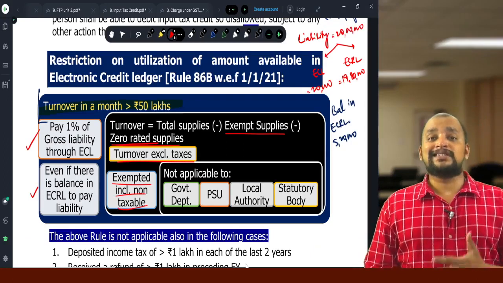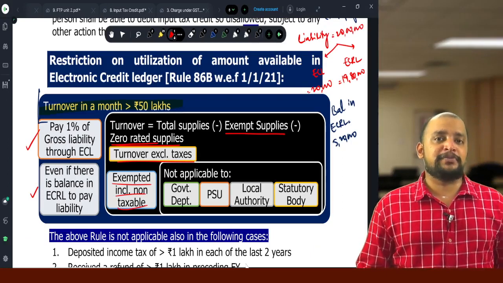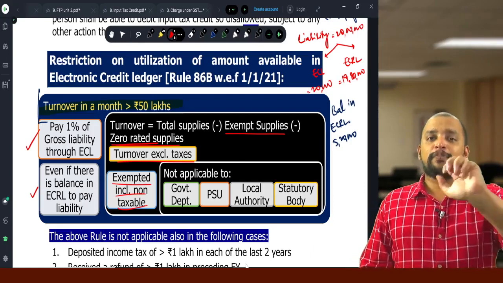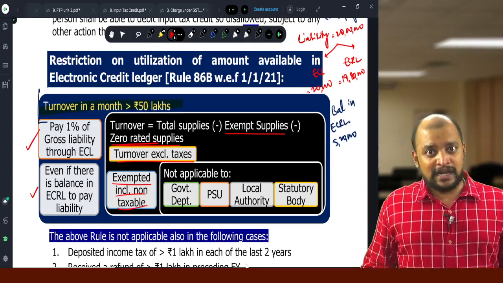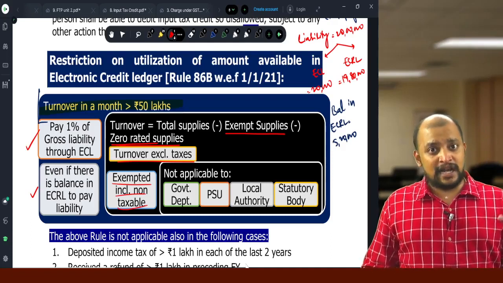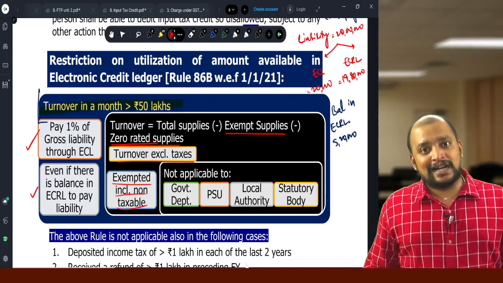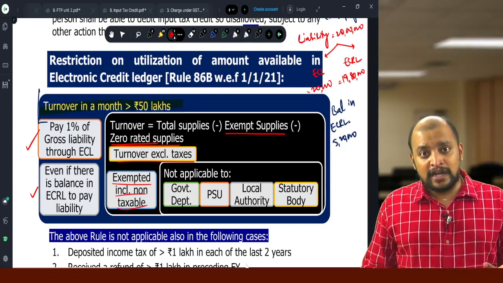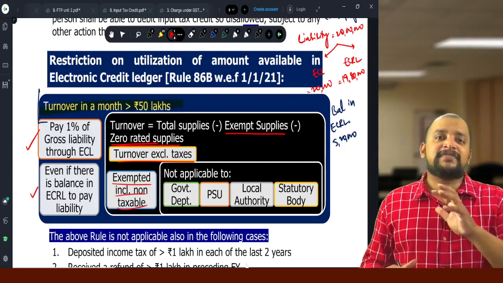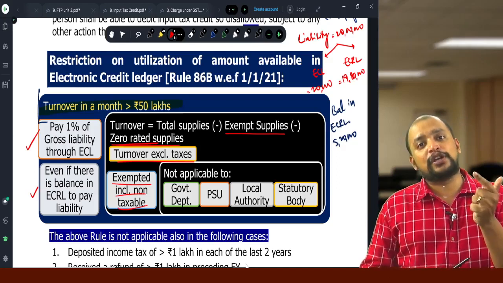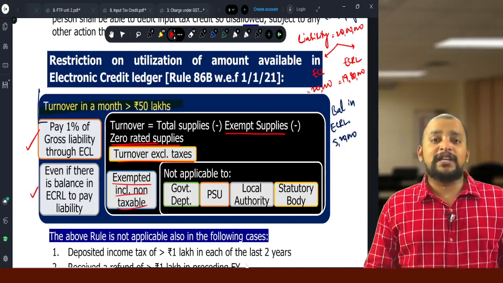And to whom is this not applicable, what are the exemptions? Non-applicability, 4 points, 4 people: government and its family. Who is government and its family? Central government, state government, government department, public sector undertaking, statutory body or local authority. For these people it is not applicable.